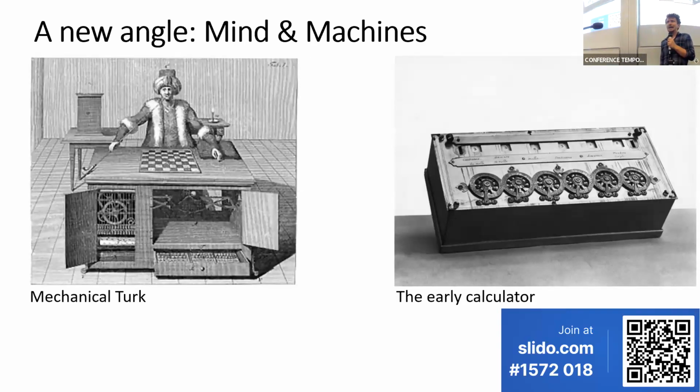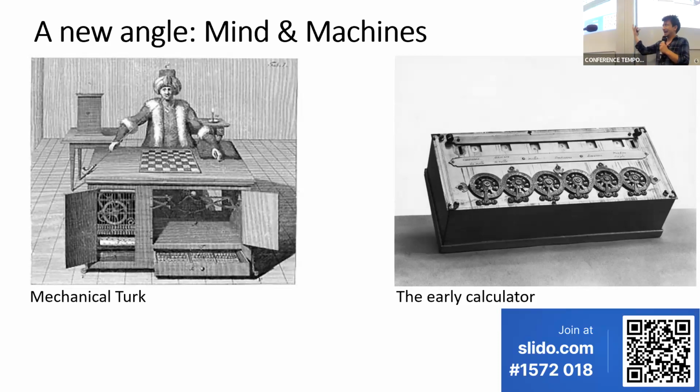Another analogy: we talked a lot about calculators today, but because I've been doing the same kind of talk to people, I try and mix it up a bit to keep myself interested. Looking into consciousness studies and mind and machines, there's the Mechanical Turk, the chess-playing automaton, which some of you will know from the 1700s, was in fact a hoax.